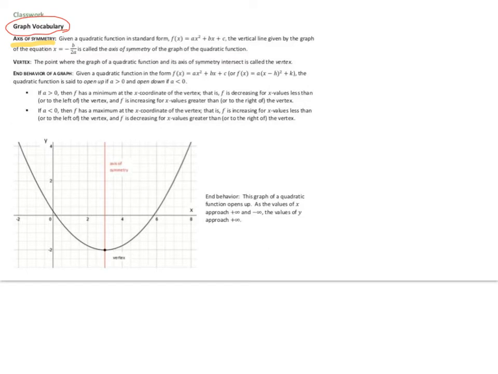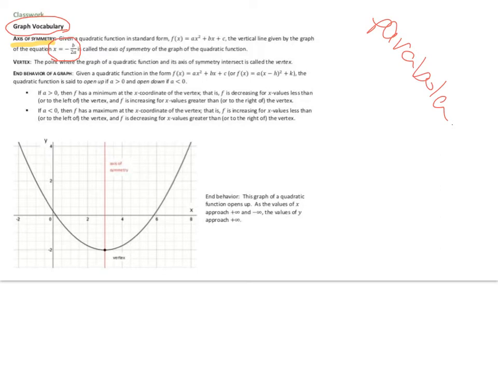If we look at the axis of symmetry for a quadratic function or a parabola, it's a vertical line given by the graph, and to draw that vertical line, we use this equation. X equals is always a vertical line. Y equals is always a horizontal line.